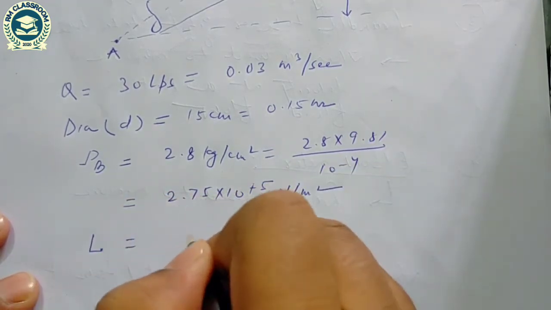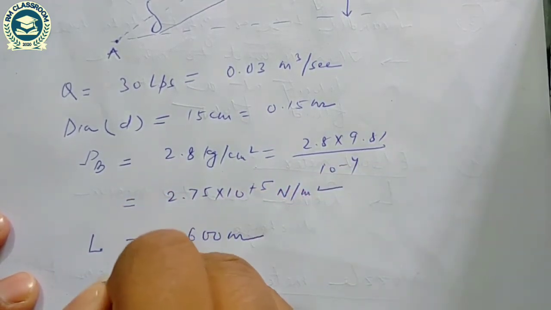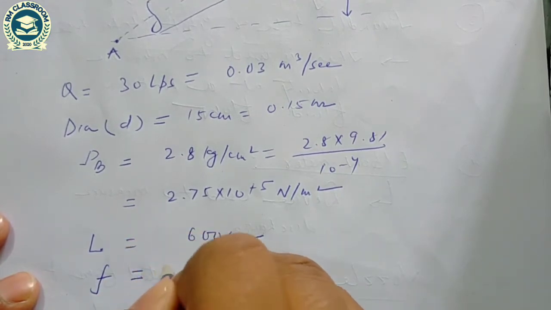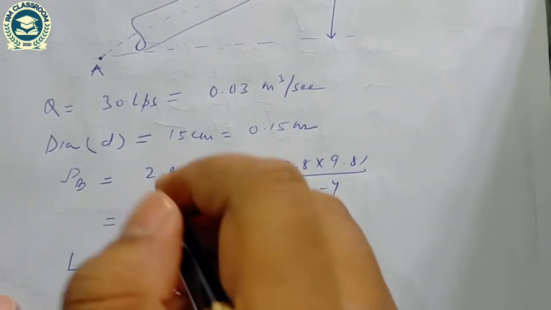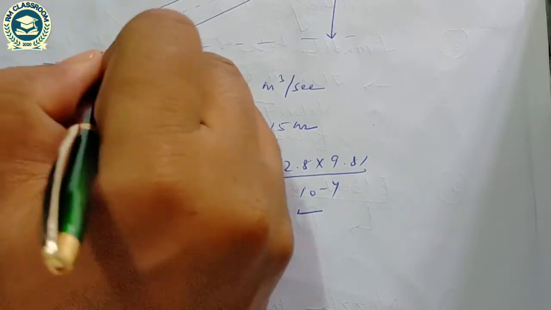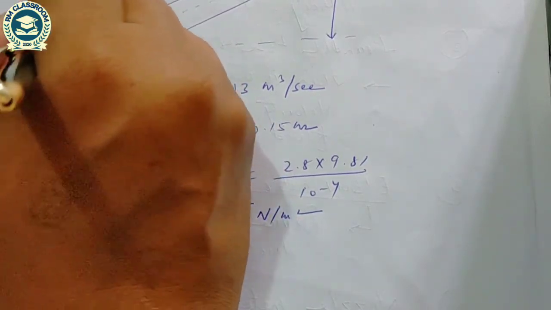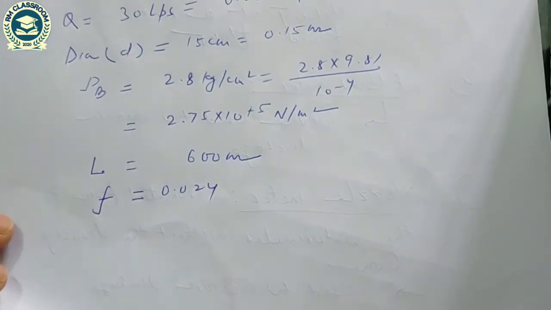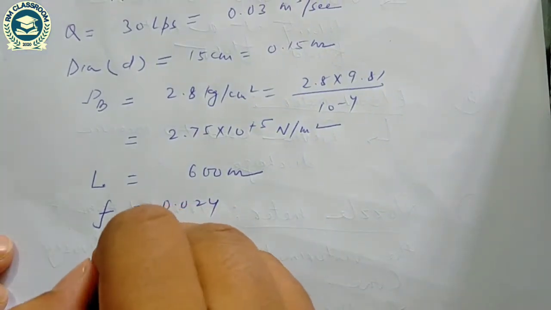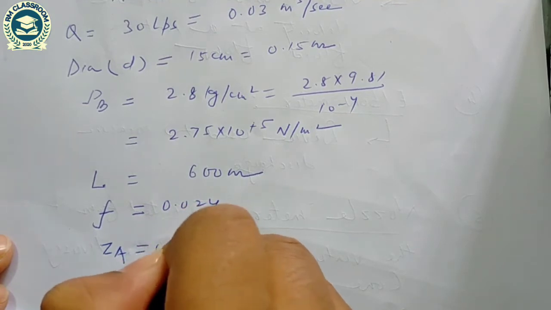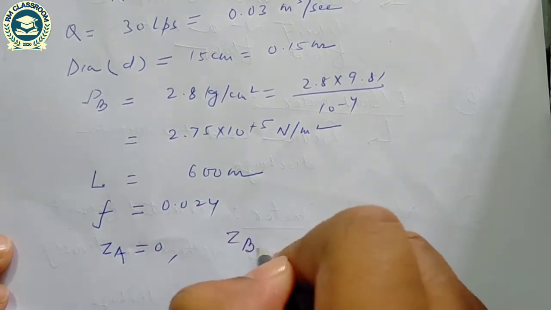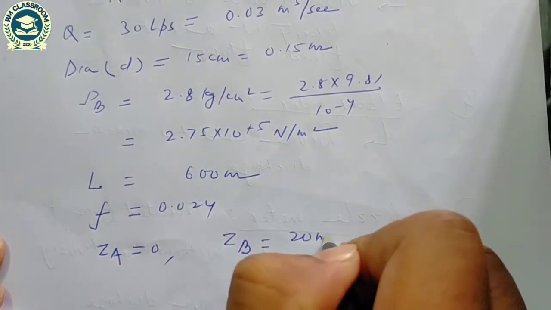Length of the pipe is given, 600 meter, and the friction factor is given, 0.024. Let us assume this is our datum. So ZA is equal to 0 and ZB, the datum head, is 20 meter.